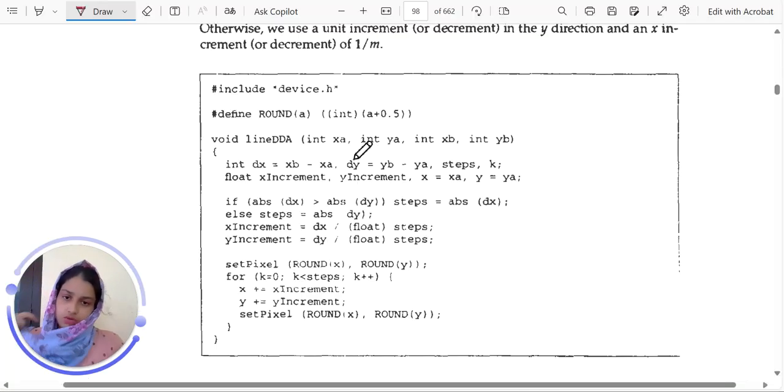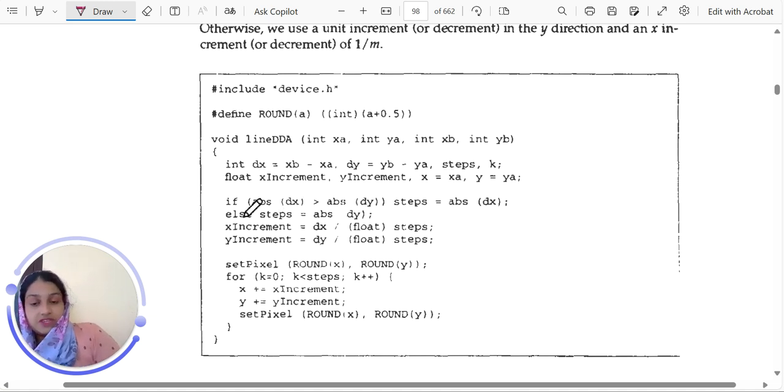Now here we are looking at the code. We are taking void line DDA, and inside that we have parameters of integer type xa, ya, xb, yb. Then we declare integers dx as xb minus xa, dy as yb minus ya, then steps and k. Then we also have float x increment, y increment, that are float type, then x equal to xa and y equal to ya.